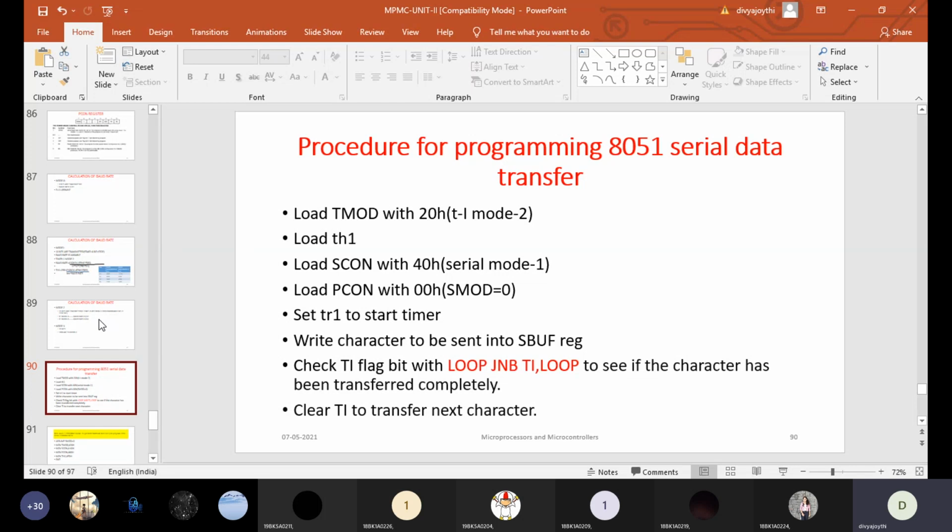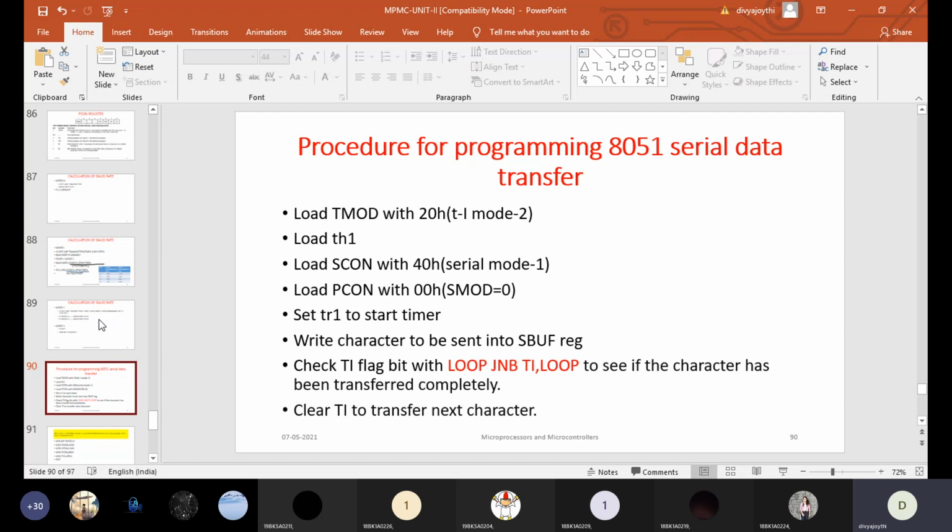For this also we have procedural steps, and the first step is to load TMOD with 20h. Why 20h? As I have explained, whenever you are dealing with the serial port, timer 1 in mode 2 should be selected in order to work with the serial port of the 8051 microcontroller.